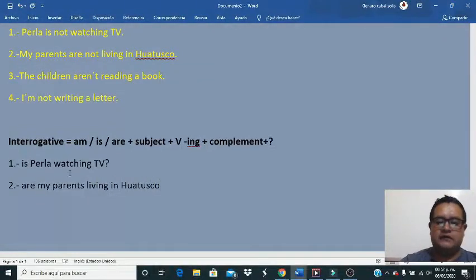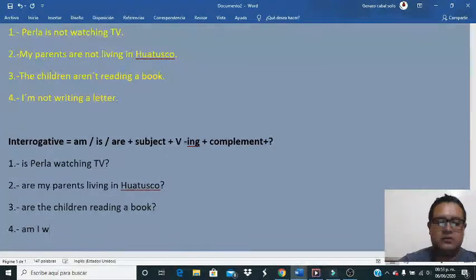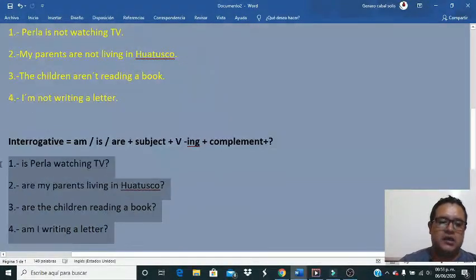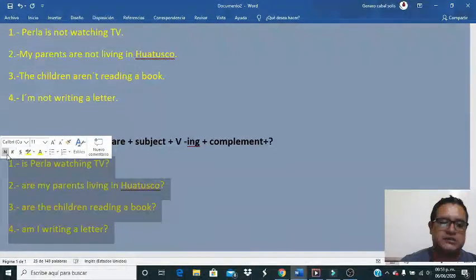So in this case, it is a question mark. Number three, are the children reading a book? Reading a book and the question mark. And finally, number four, am I writing a letter and the question mark? Okay, so this is how we can write the questions.